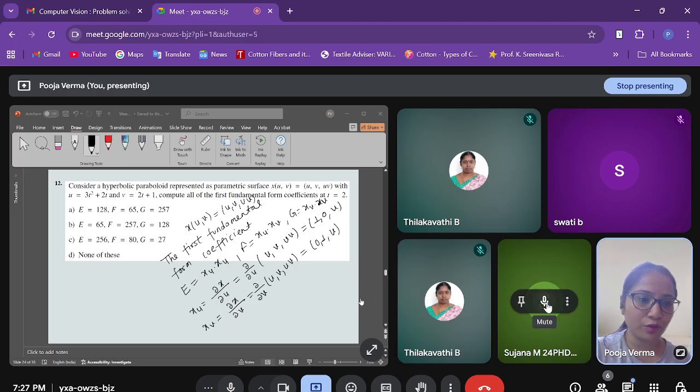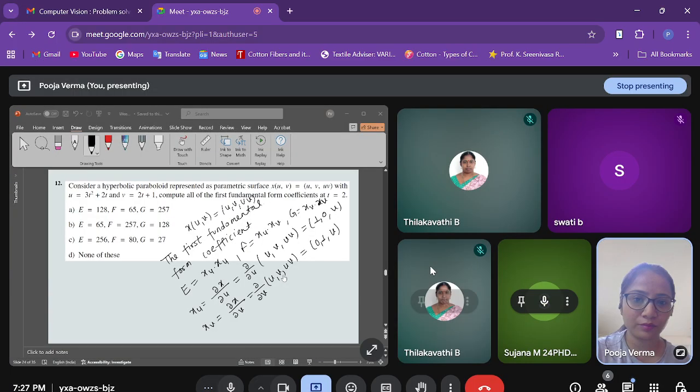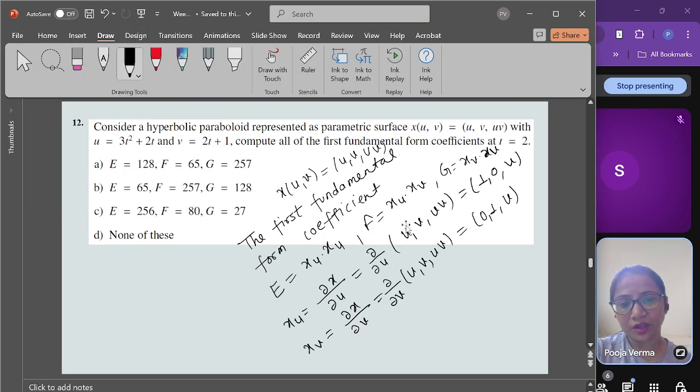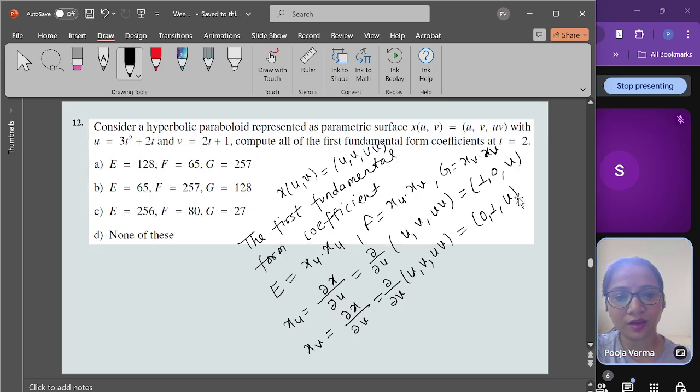Okay, x_u and x_v we have determined. Now we can determine the E, F and G values as well, right?